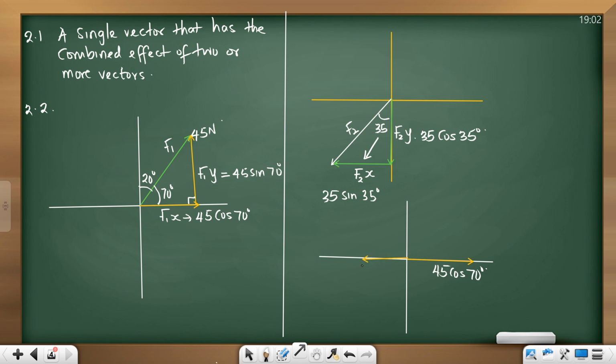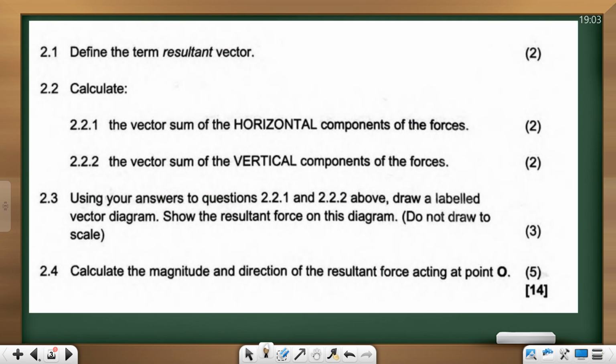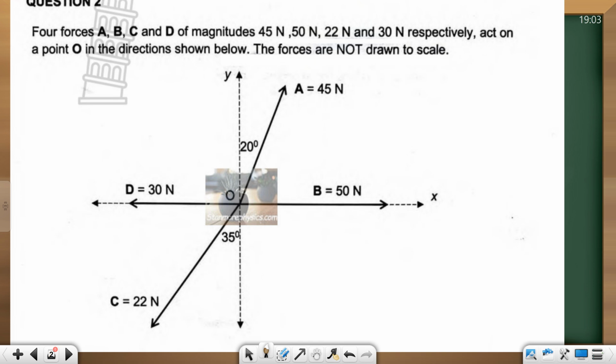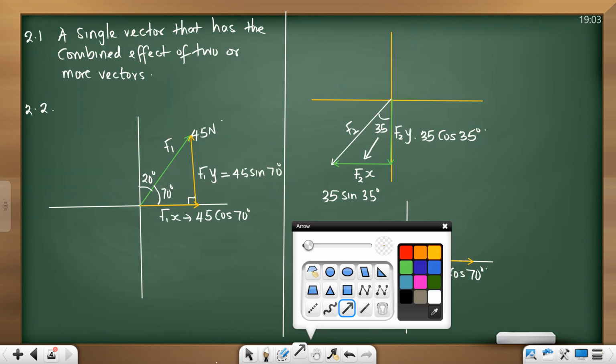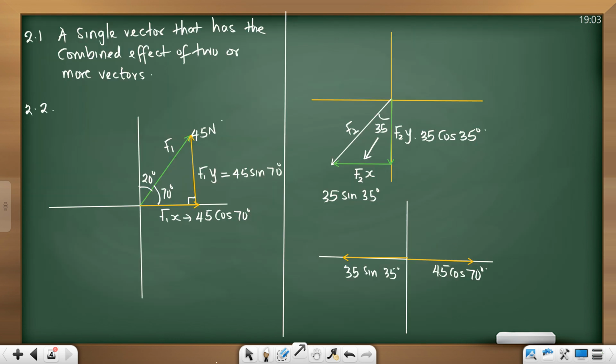I have the other one in this direction, 35 sine 35. Now, if I go back to the question, there were two already. Can you see B and D? 30 to the left and 50 to the right. Those ones, I will also include them because they are horizontal.